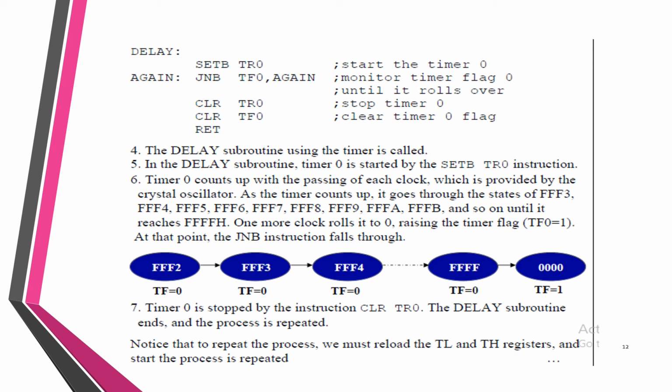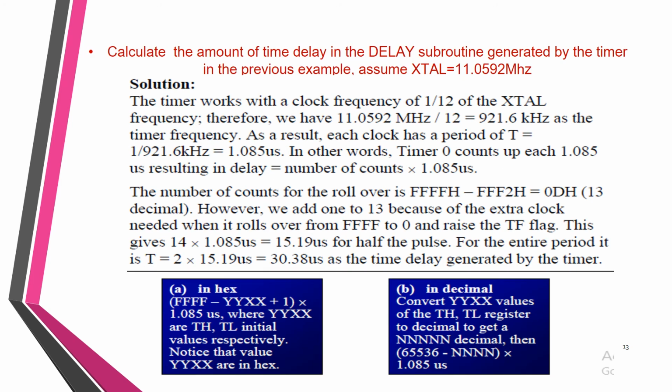Those two values are responsible for how many iterations there will be. Now, from the same example, we want to calculate the amount of time delay generated by the timer in the delay subroutine with a crystal frequency of 11.059 MHz. The timer works with a clock frequency of 1/12 of the crystal frequency.